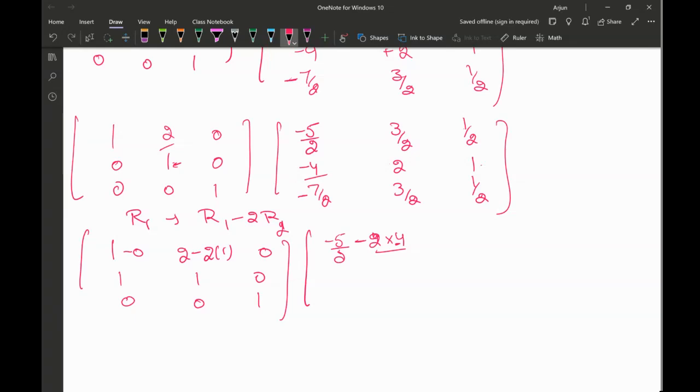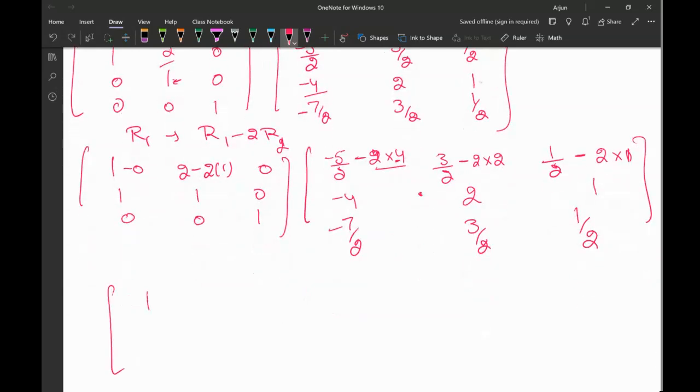All right, and the next step will be 3 over 2 minus 2 times 2, 1 over 2 minus 2 times 1. All right, minus 4, this is 2, this is 1, this is 7 over 2, 3 over 2, 1 over 2, and now I can compile my result. This will be 0, 1, 1, 0, 0, 0, 0, 1, and this will become minus 5 over 2, and this is plus 8.